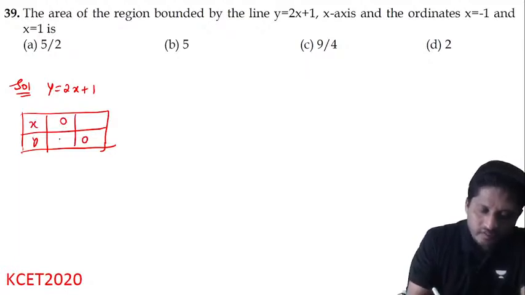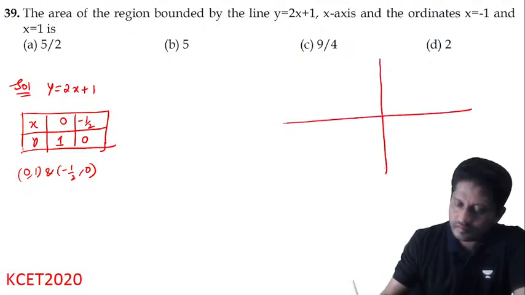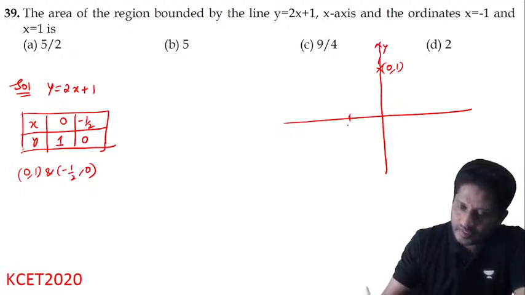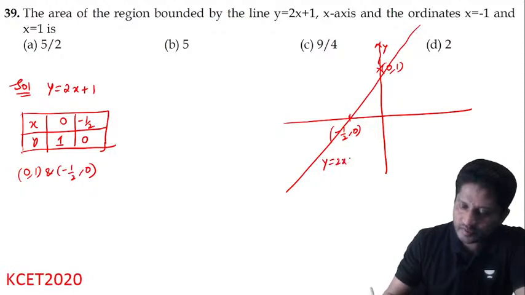If x is equal to 0, y equal to 1. If y is equal to 0, x is equal to minus half. The points are 0, 1 and minus half, 0. This is the graph. This line is y is equal to 2x plus 1.